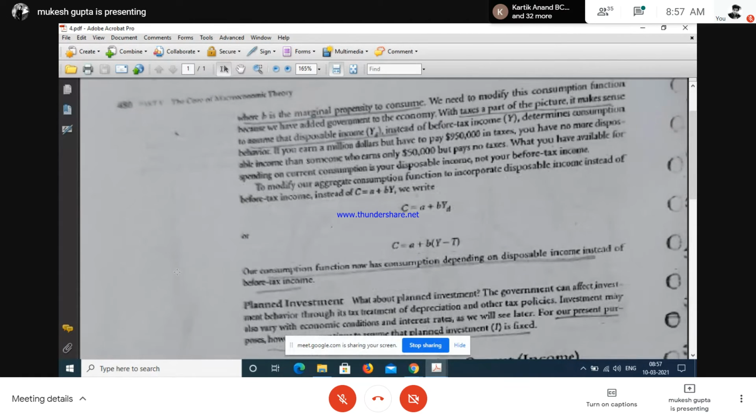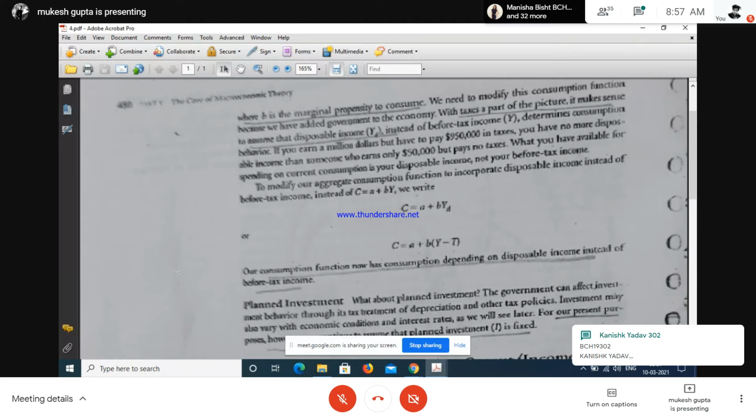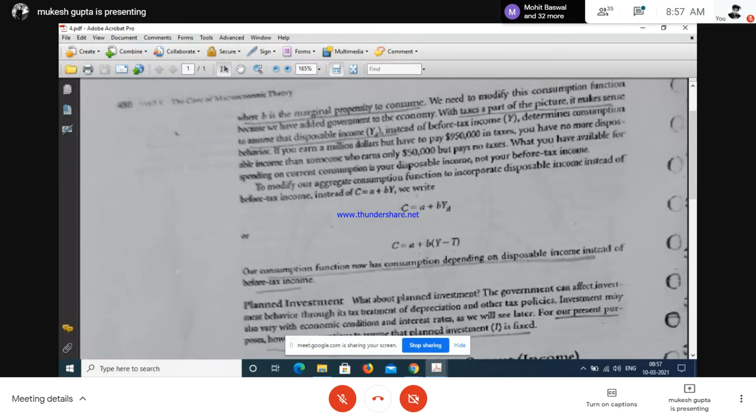Basically, the consumption expenditure is not depending on total income, because it is after all the disposable income which decides the consumption expenditure, right? So total income Y, and out of Y, aggregate income, the household has to pay some tax to the government and receive some transfer payment, that is a net tax from the government.